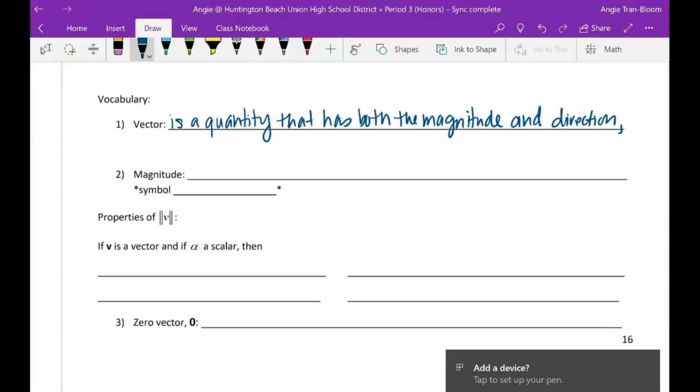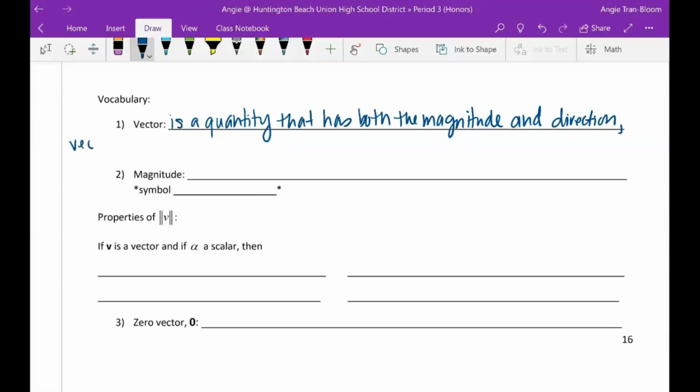Vector V. Most of the time we use vector V, which is denoted, as in your book, as a bold V. If you see this bold letter V or W or any bold letter, it's used for vector.